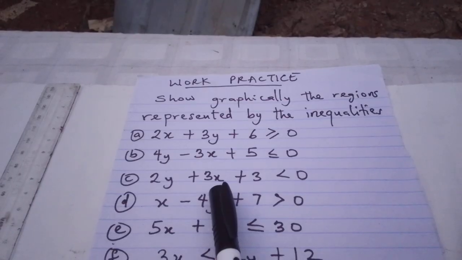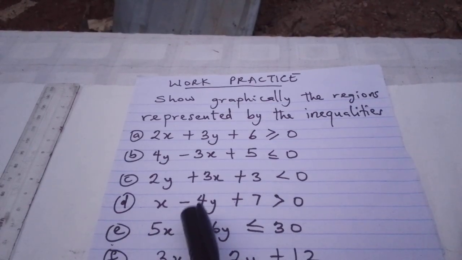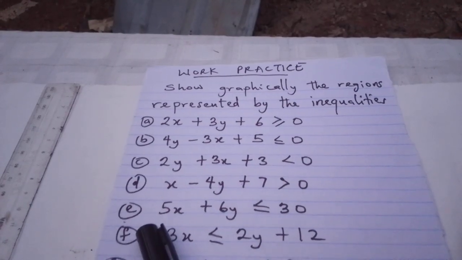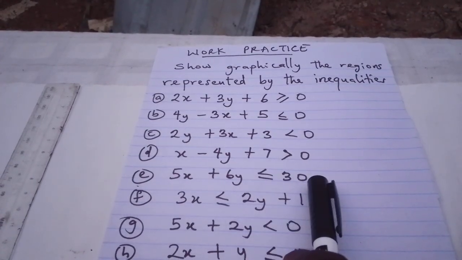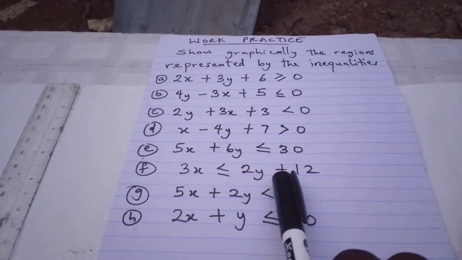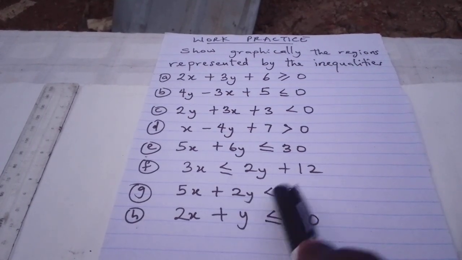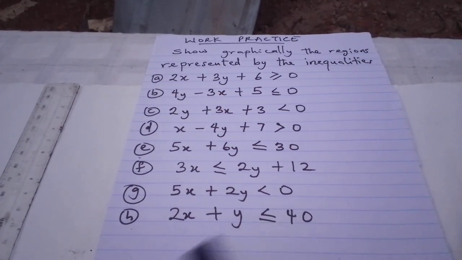C. 2y plus 3x plus 3 less than 0. D. x minus 4y plus 7 greater than 0. E. 5x plus 6y less than or equal to 30. F. 3x less than or equal to 2y plus 12. G. 5x plus 2y is less than 0. H. 2x plus y is less than or equal to 0.